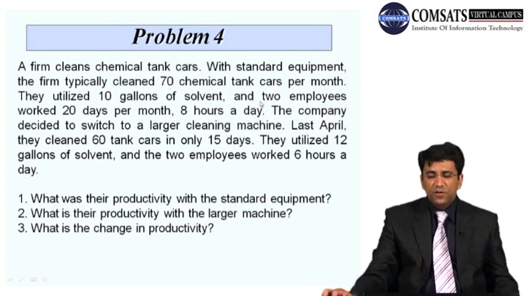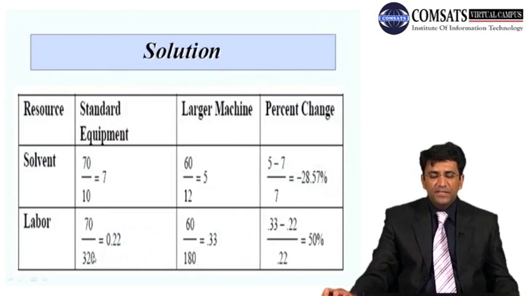So we multiply 2 by 20 and then by 8, that is 2 multiplied by 8 multiplied by 20. This will give you the total input as 320, and in this way we can calculate the labor productivity with the standard equipment.